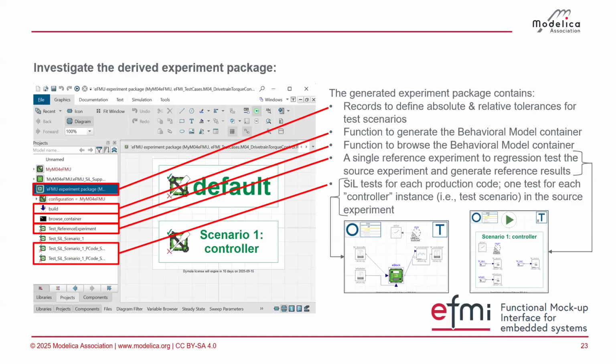For example, if you switch Dymola version. You get a new Dymola version, and then you just run the same thing and see, oh, does it simulate the same? Or did something change a little bit? That is in the normal offline Dymola simulation. And then we have, for each scenario, for each production code, defined an experiment, where essentially that very production code is software loop tested against the reference experiment.